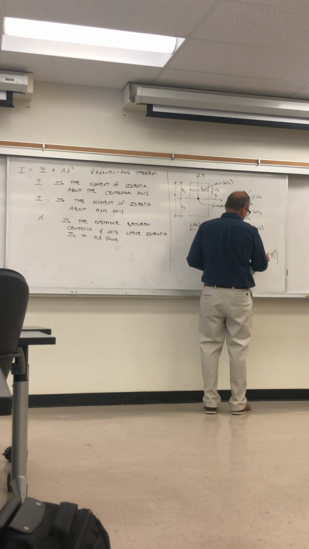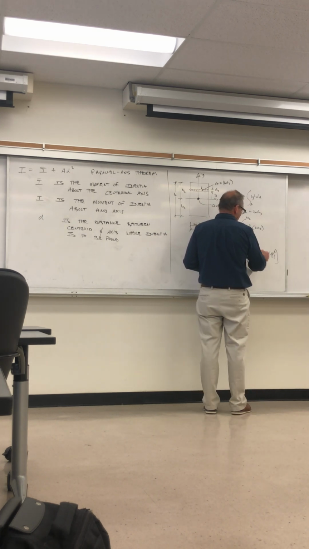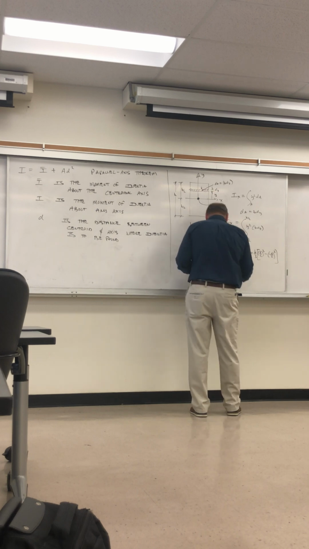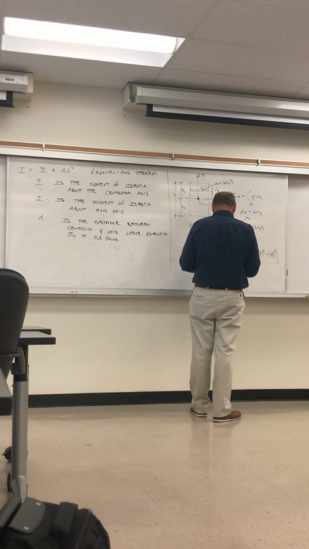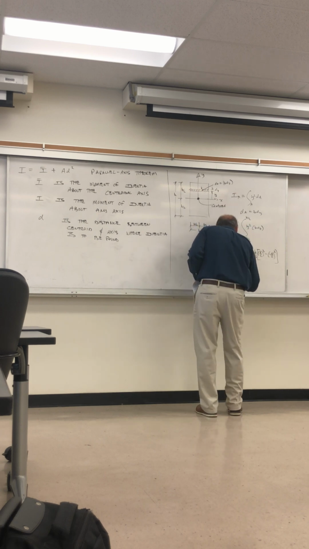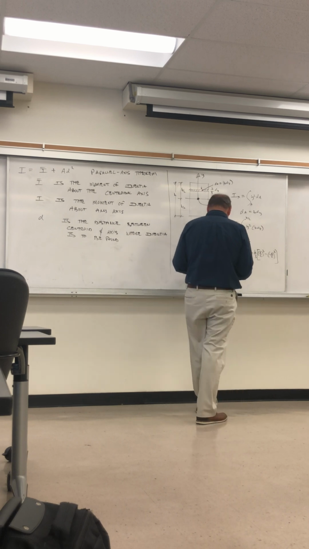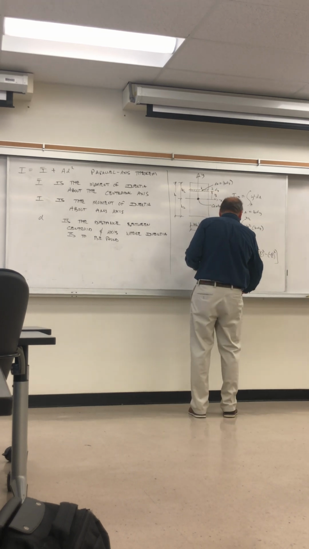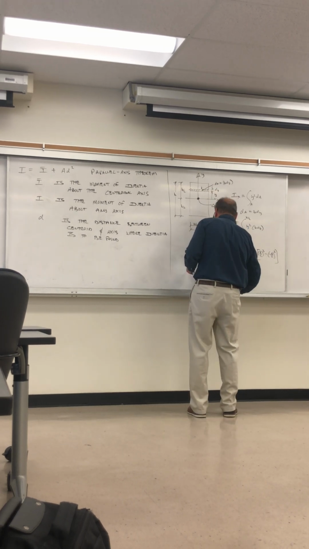Again, we put in the upper limit minus the lower limit, and that lower limit has a negative. So we end up with bh cubed over 12.